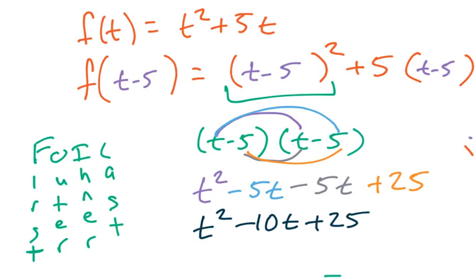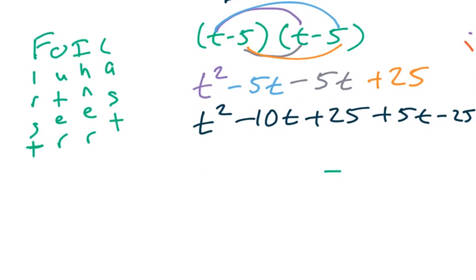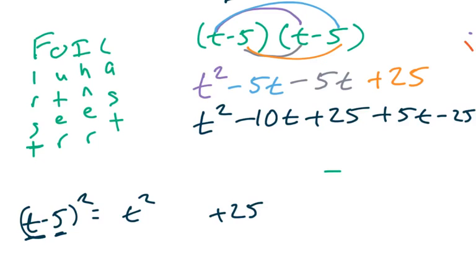And when I clean that up, I get t squared minus 10t plus 25, right? And then we have the back part here, so we'll distribute this: plus 5t minus 25, okay? But also remember, we said there's a shorthand way of doing foiling, so t minus 5 squared. The other way of doing t minus 5 squared quickly is you square both of these, so it's t squared, negative 5 squared is 25, and the middle term is just t times 5 times 2.